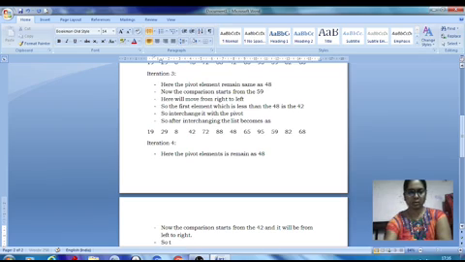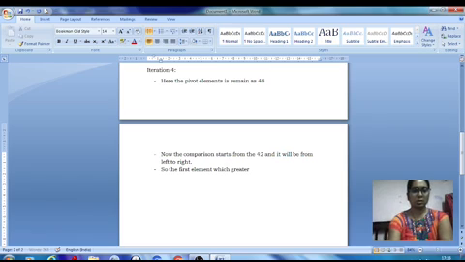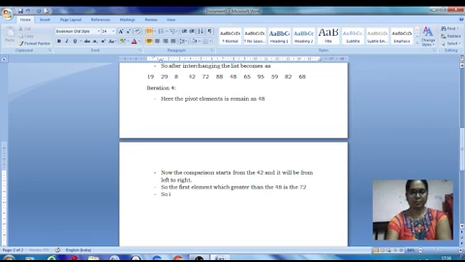The first element which is greater than 48, if you consider the list, is 72. So interchange it with the pivot.